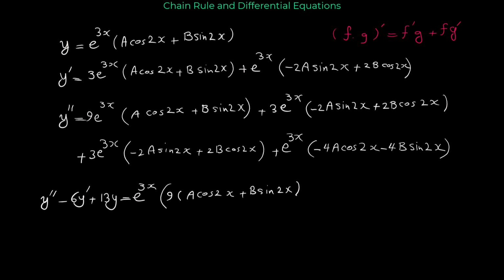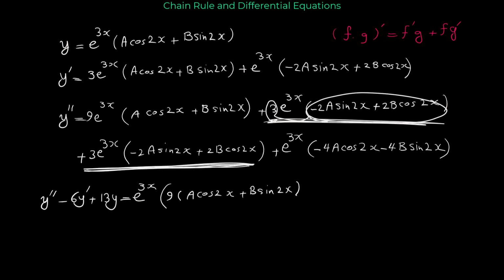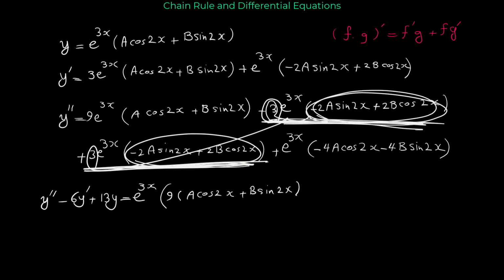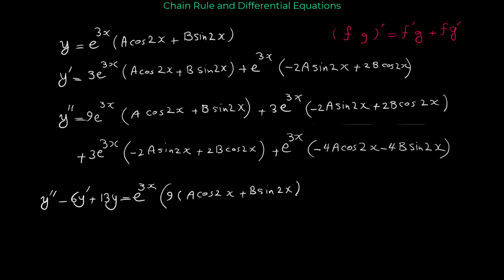From this, because we factored e to the 3x, we have to write 3 times this bracket. But if you look here, this and these are the same. And we have a 3 here and a 3 here. 3 plus 3 is 6, and these two expressions are the same. So we can write plus 6 times negative 2a sine 2x plus 2b cosine 2x.